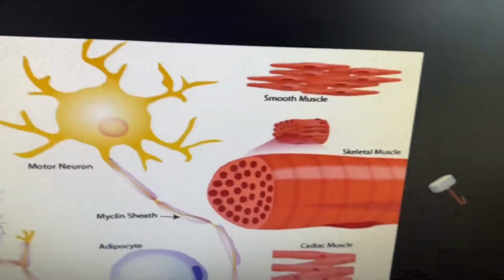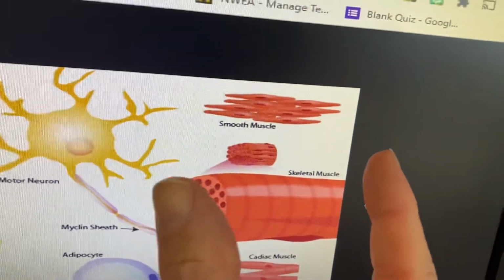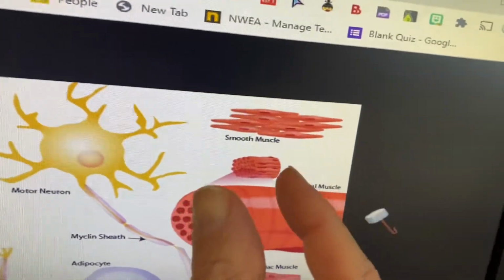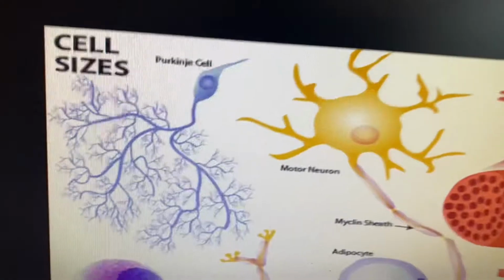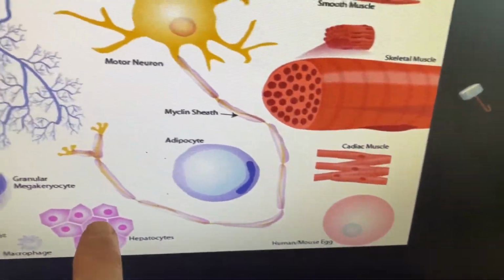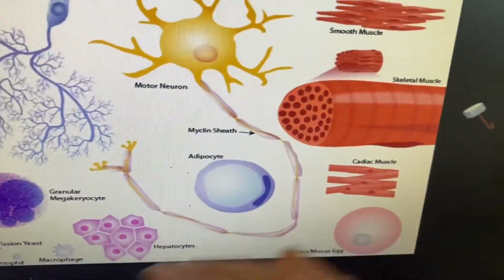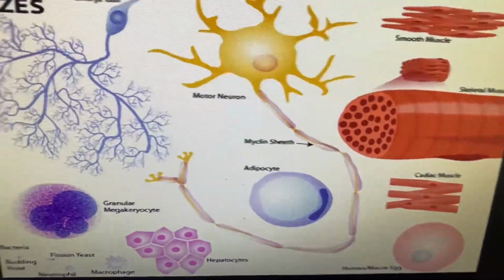Muscle cells are kind of like cylinders, and they're fairly big, and their job is just to get shorter or longer, shorter or longer, shorter or longer. What else we got here? Skin cells, which are usually flat because their job is just to stack on top of each other.